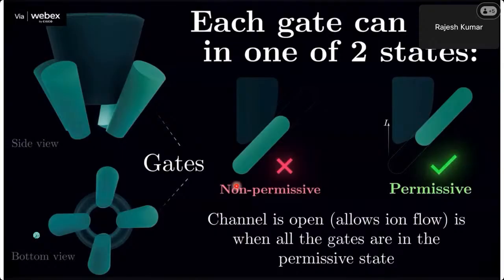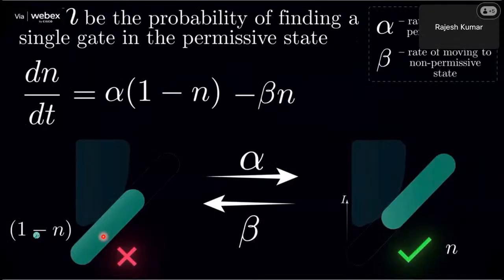You can see in this picture there are four gates. This is the path through which ions can go. If all the gates are permissive, then only the channel is open. It is like a lock and key kind of system. When everything matches, only in that case will your gate be open. So there are two states, permissive and non-permissive, and then the mathematics tries to find out a model for it.